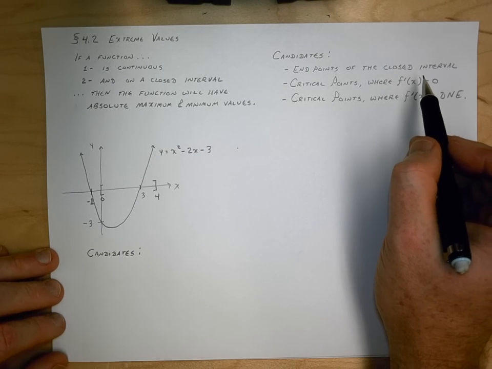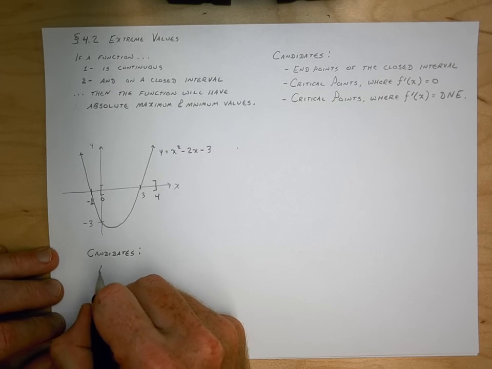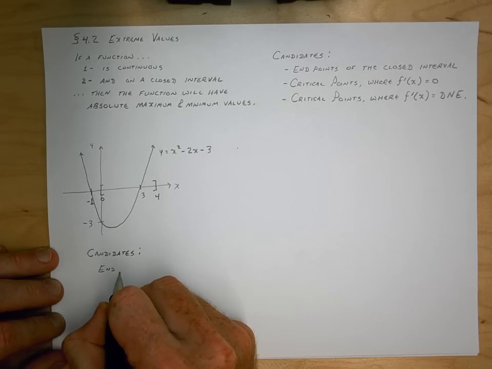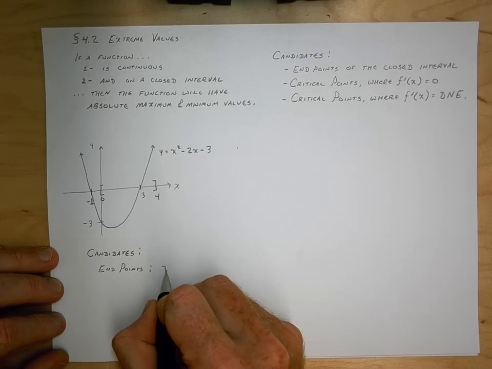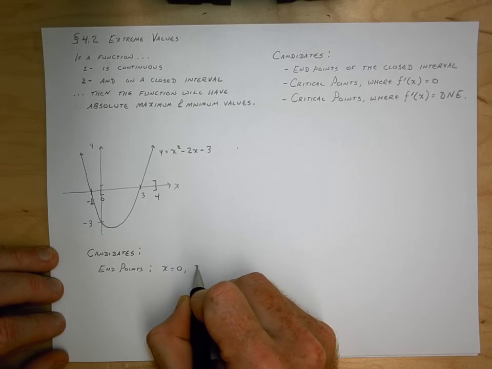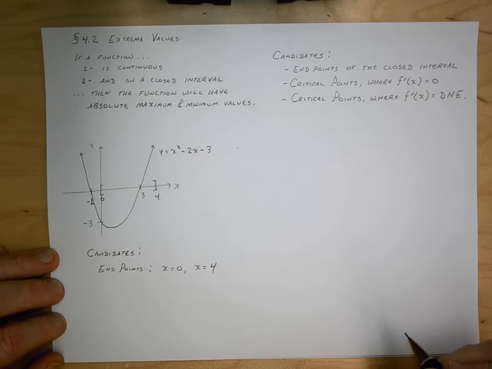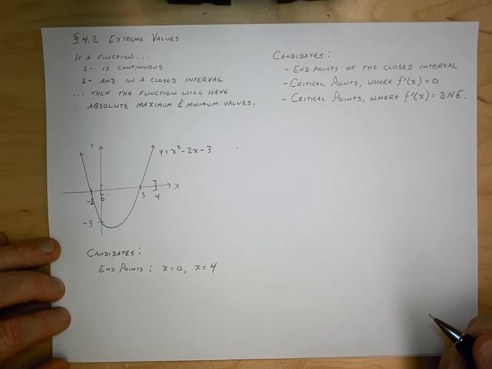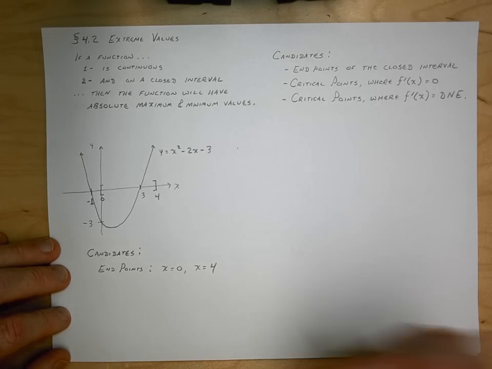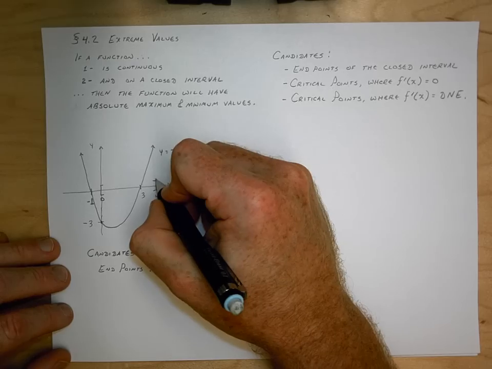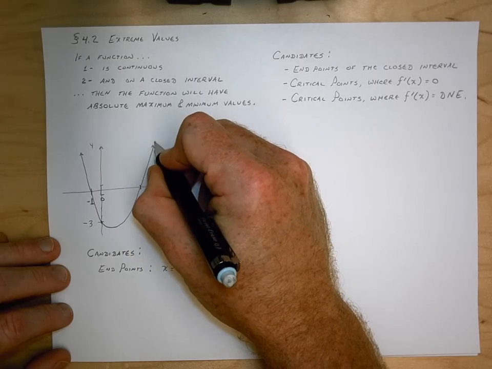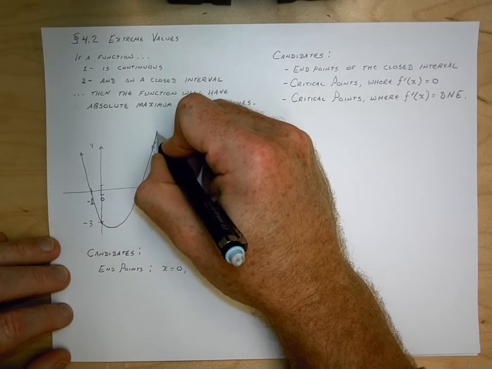One category of candidates is endpoints of the closed interval. Those are both definitely candidates for absolute maximum, absolute minimum. We can trace down where those function values exist. There's one. Another one is way up here.